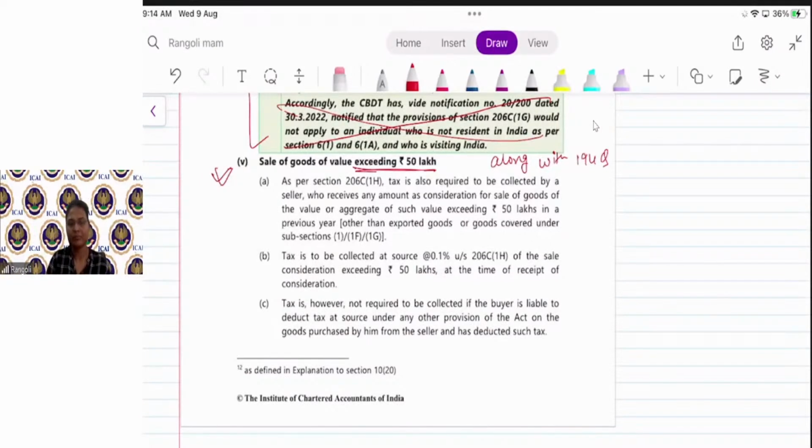If the seller has turnover in the last financial year more than 10 crore, and in the current year he is receiving more than 50 lakh rupees from the buyer on sale of goods, then he needs to collect TCS at the rate of 0.1% at the time of receipt on value exceeding 50 lakh. If TDS is applicable under section 194Q, then TCS is not applicable under section 206C(1H). I have explained this provision along with the chart in the previous lecture.